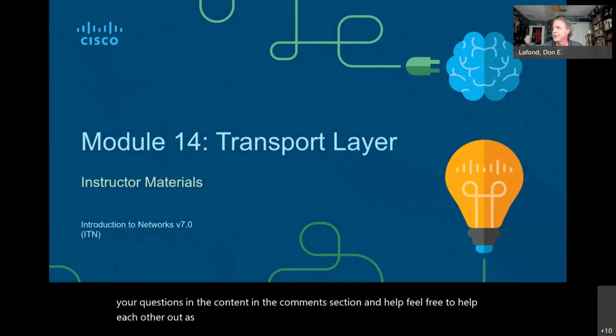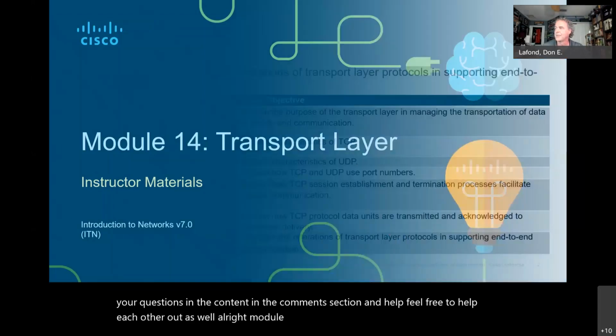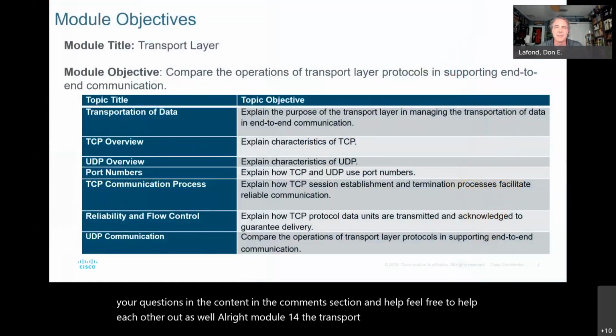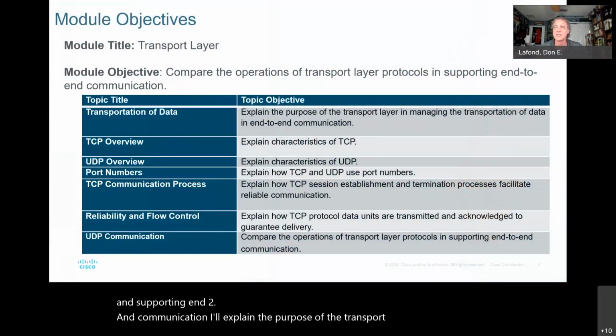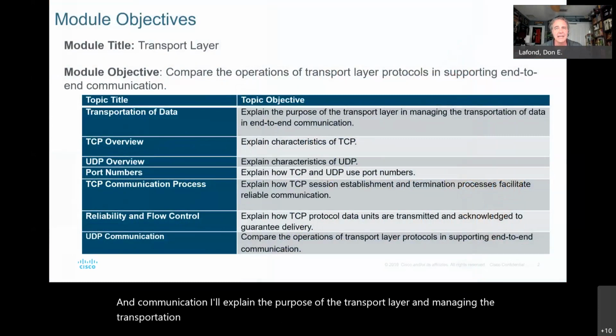All right, Module 14, the transport layer. In this presentation, I'm going to compare the operations of the transport layer protocols in supporting end-to-end communication. I'll explain the purpose of the transport layer in managing the transportation of data in end-to-end communication. I'll explain the characteristics of TCP and UDP.